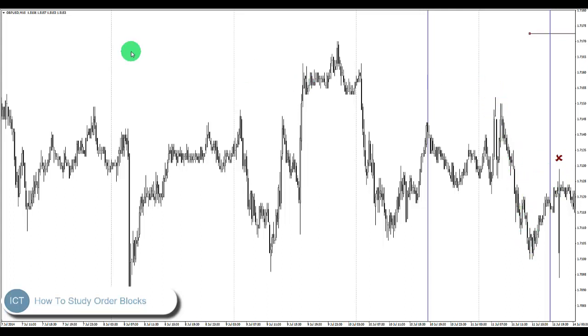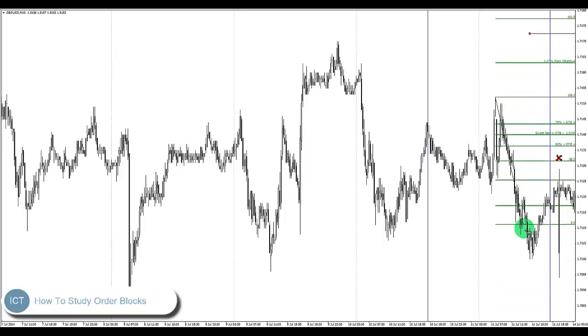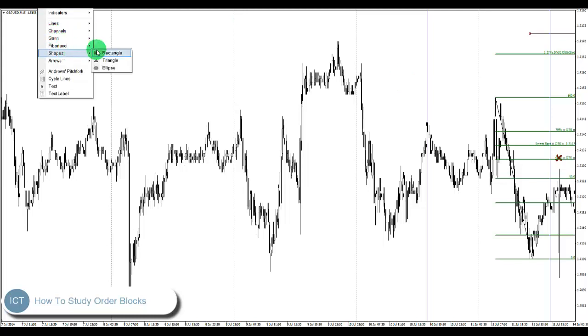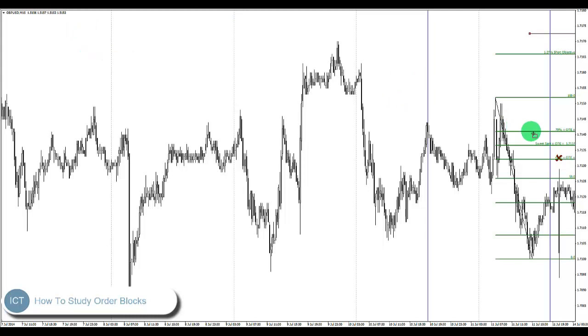So looking at that, if you take the highest high down to that lowest low right in here, we have optimal trade entry in here. So we would look for at least a minimum of an expected return up to this range, between the 79% retracement level and the 62% retracement level respectively right here.